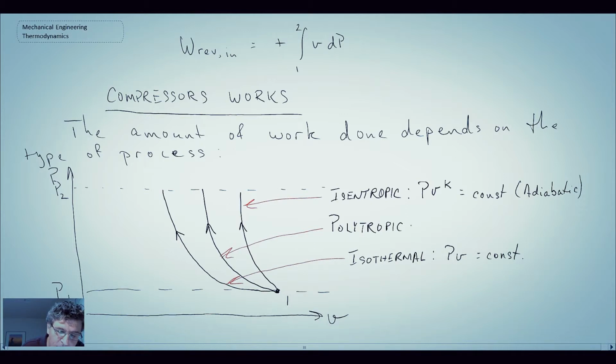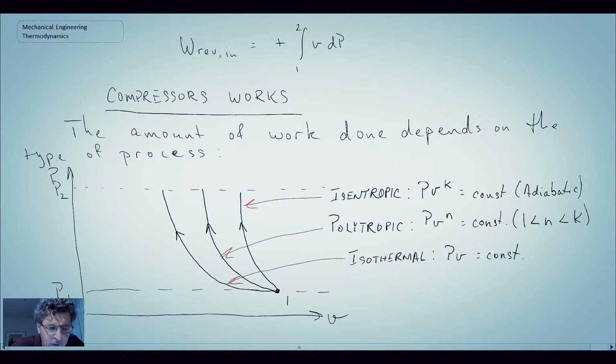That is a polytropic compression process, and it can be described by an equation that looks like this, where n is some power that is going to range from 1 to the ratio of specific heats. So those are three different processes.